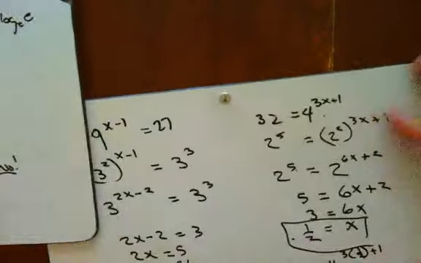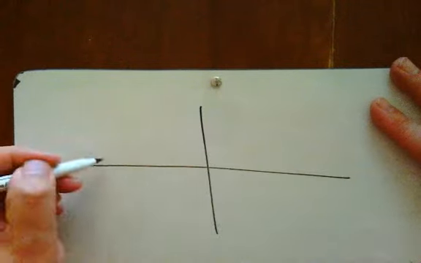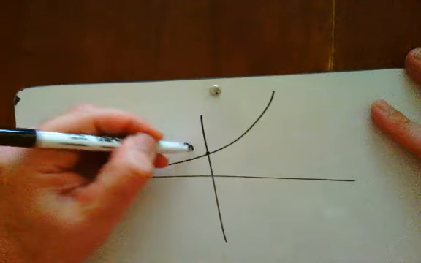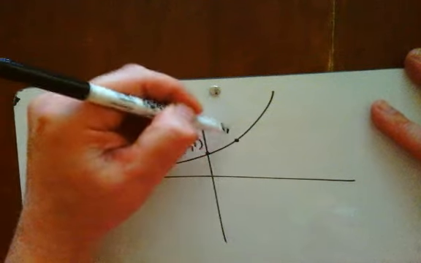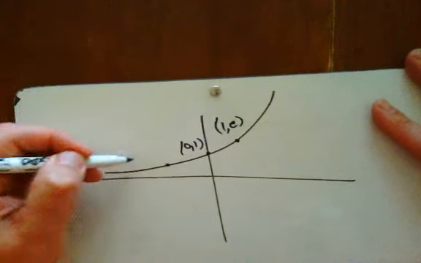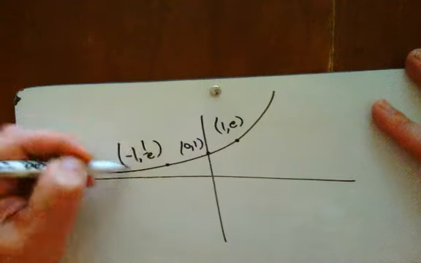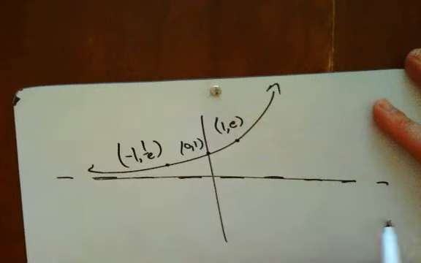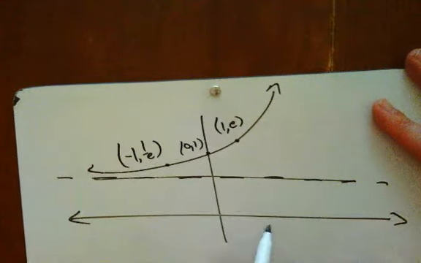We could think about that from the original problem graphically. If we take a look at e^x and at the line y = -3, here's our e^x graph passing through (0, 1), (1, e), (-1, 1/e).